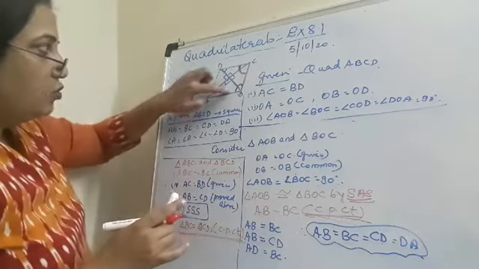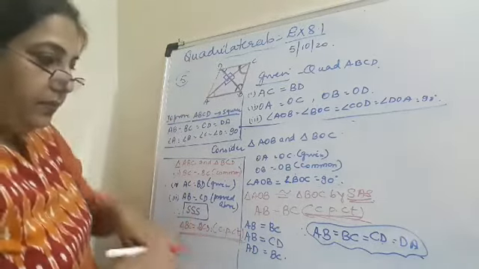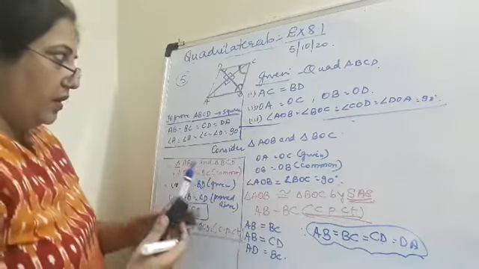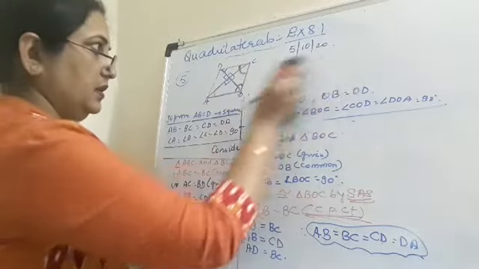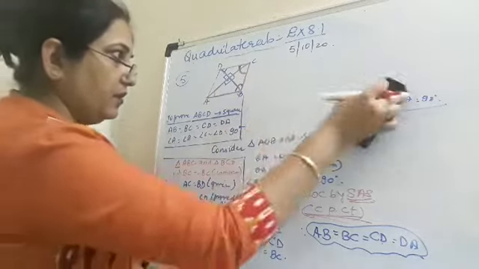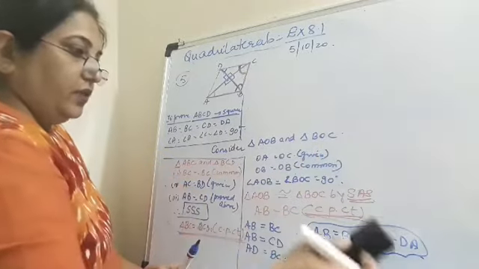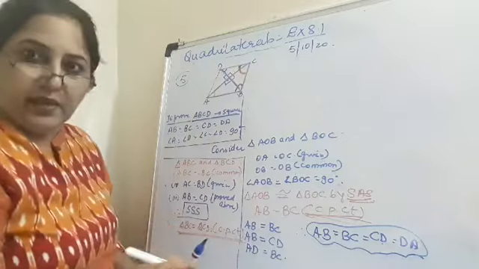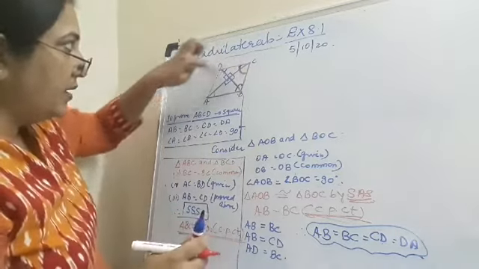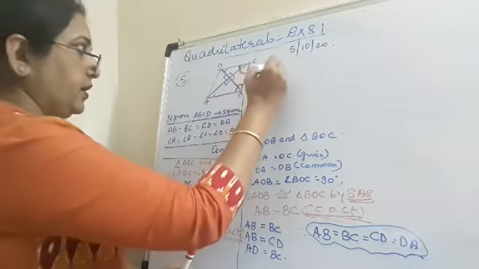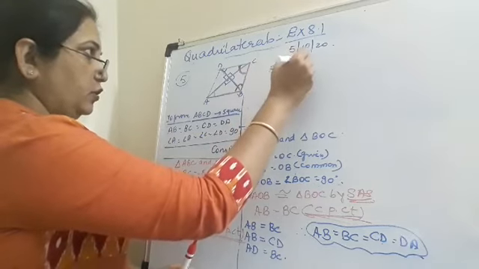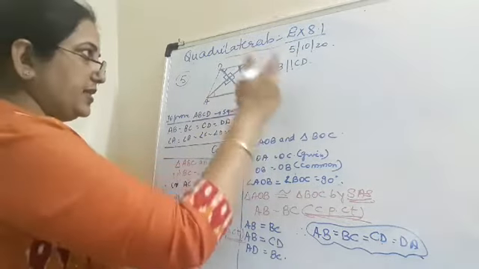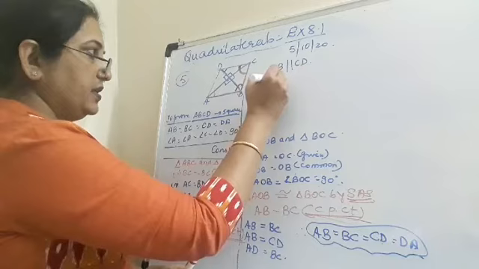Now since these two angles are equal, you've understood what is given. Now children, you know that these two angles are equal. Now these are parallel lines. So I will write AB is parallel to CD, intersected by the transversal BC.